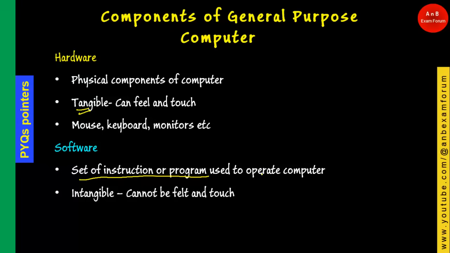In that way it is intangible in nature. So software is intangible, whereas hardware is tangible. Software can be anything, like an OS, MS Word, PowerPoint, anything. These are the two basic components of the general purpose computer.